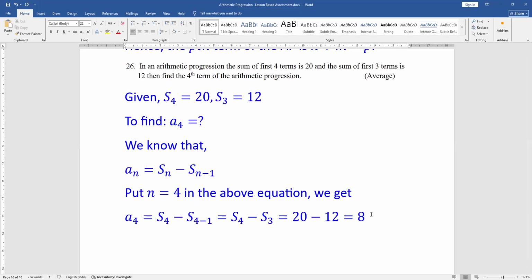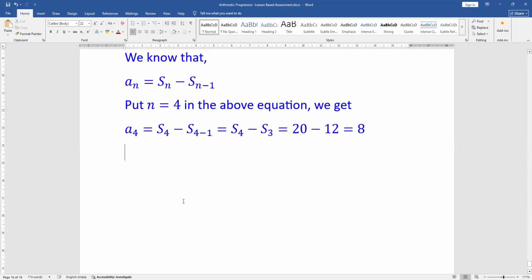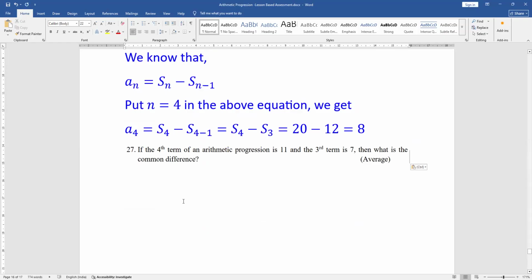So now I move on to the next question. 27th question. If the fourth term of an arithmetic progression is 11 and the third term is 7, then what is the common difference? Now they're saying the fourth term is 11.